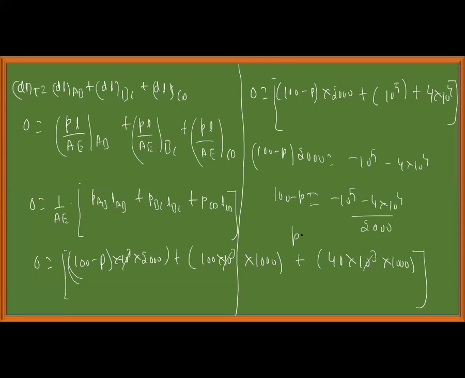Now tell me what is P. Calculate this value and substitute 100 to the LHS. Is it 170 kilonewton? Yes, sir. Okay. P is equal to 170 kilonewton. This is the value of P.